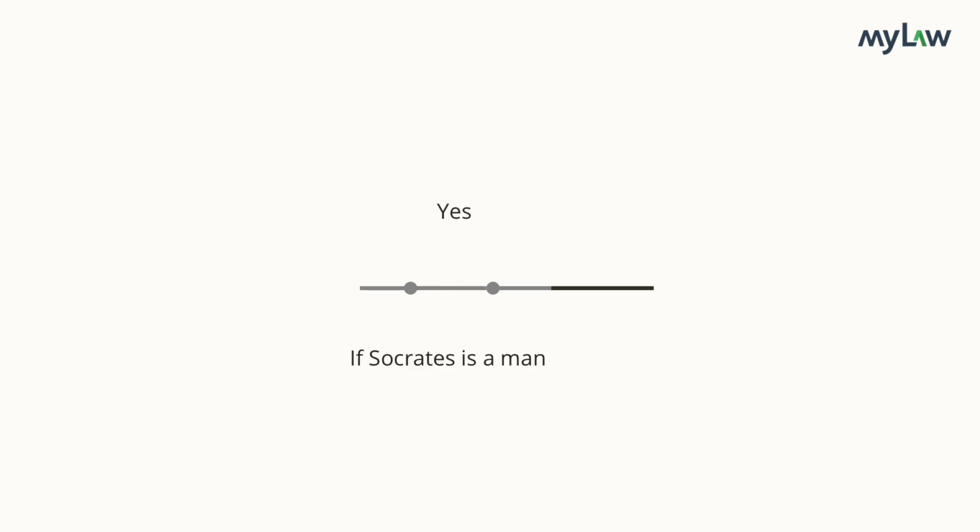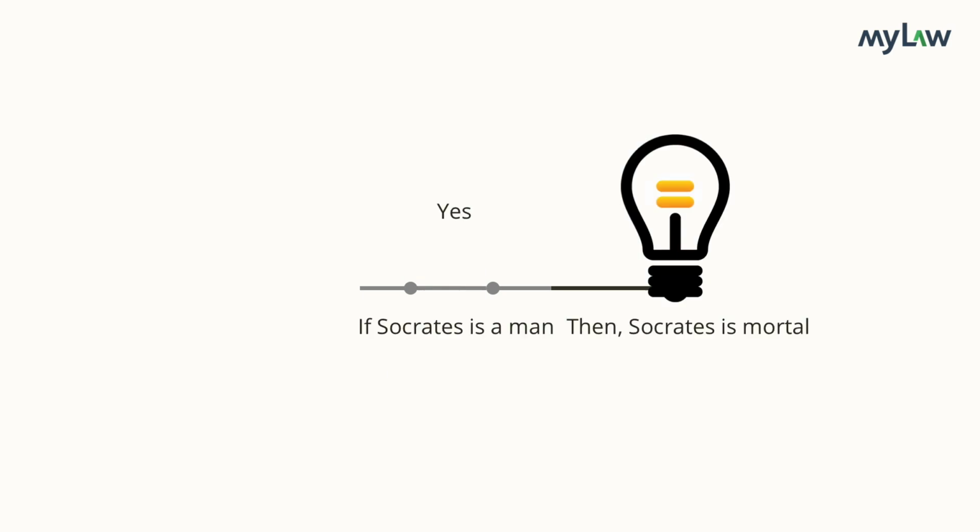Depicted in this fashion, if the answer to is one a man is yes, then the switch is in the on position. And if the answer is no, then the switch is in the off position. If it is in the on position, then the conclusion one is a mortal is unavoidable. If it is in the off position, then we cannot conclude that one is mortal.